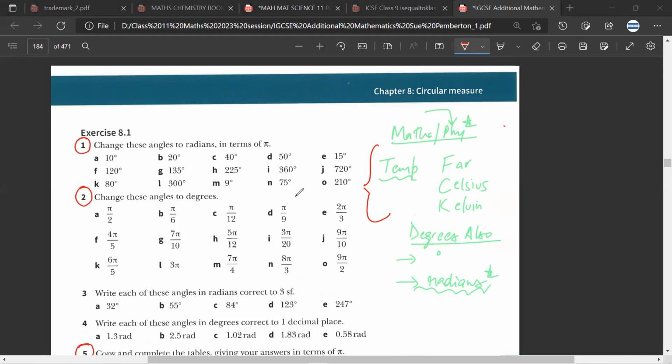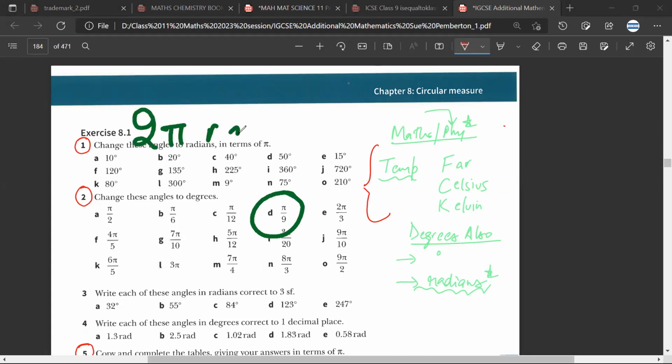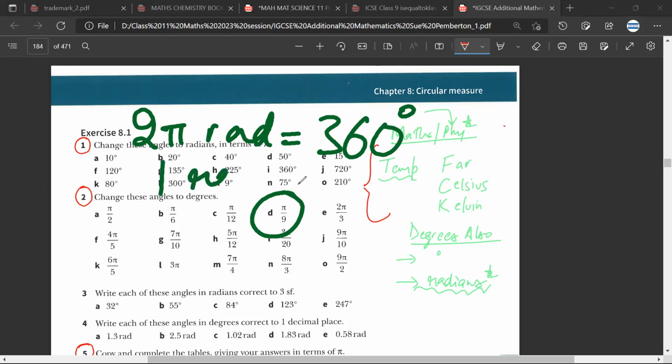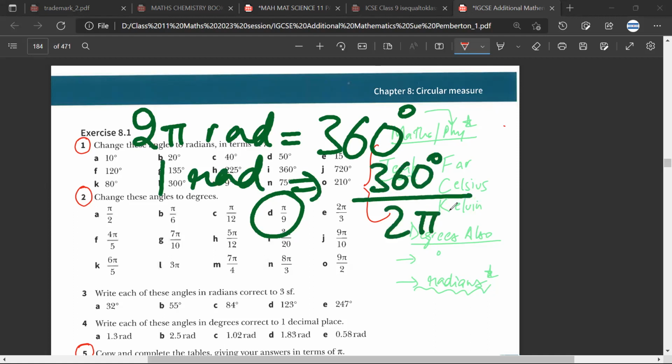So for example, let me do pi by 9. 2 pi radians is equal to 360 degrees. Are we comfortable? So let me take another step. Then 1 radian would be equal to 360 degrees by 2 pi. This is just plain unitary method I'm using.